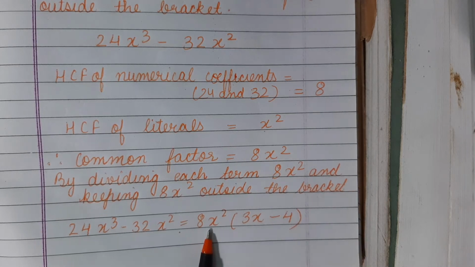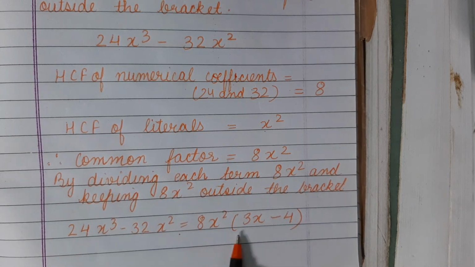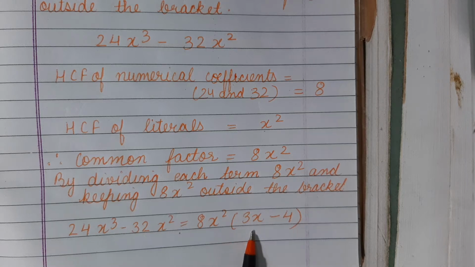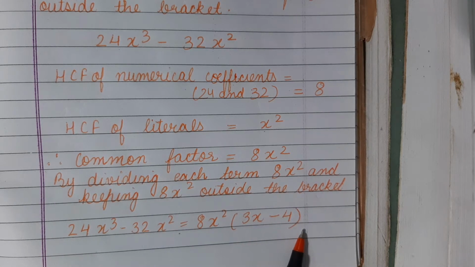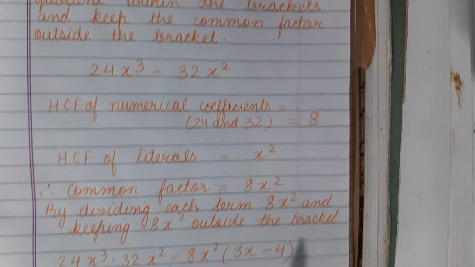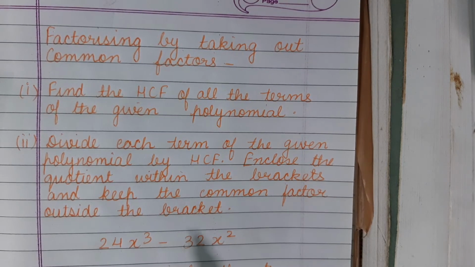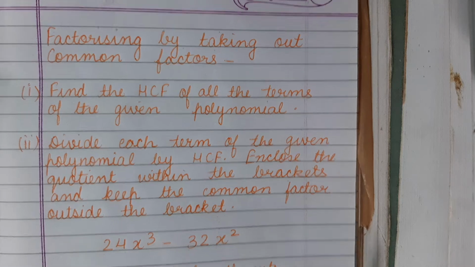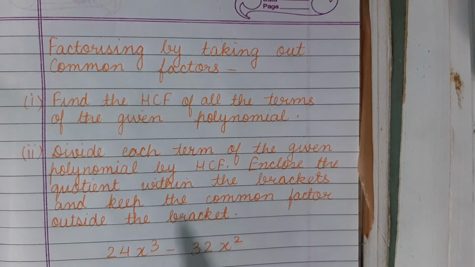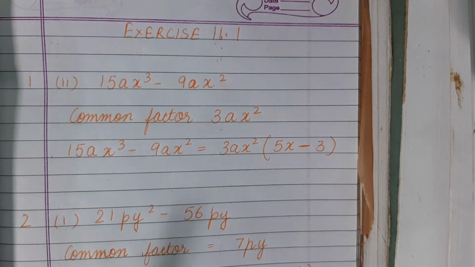Therefore, the factors will be 8x square and, in the bracket, 3x minus 4. Now when you do questions, you can simply take out the common factor and write it outside the bracket, and whatever is left you can write in the closed bracket.